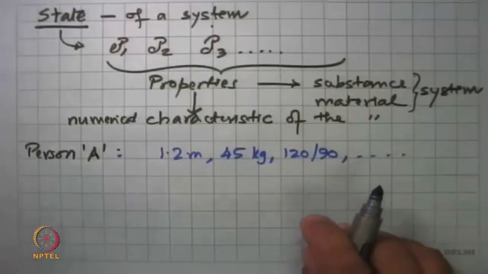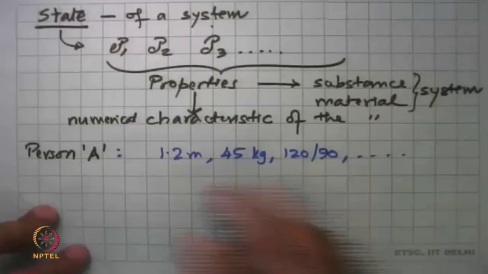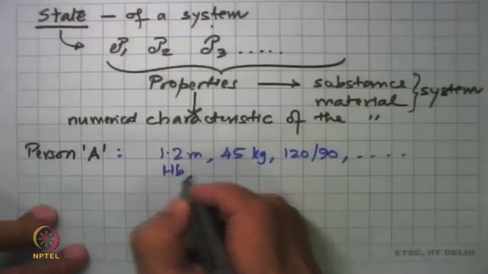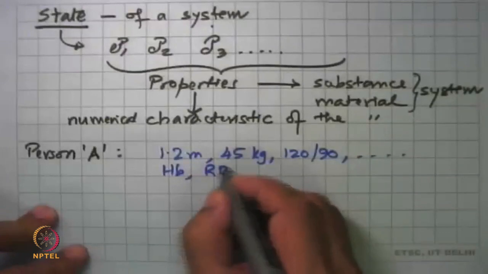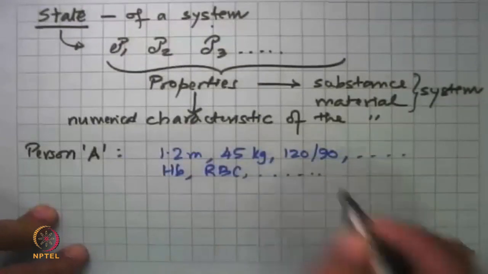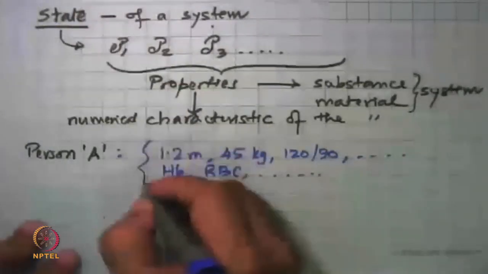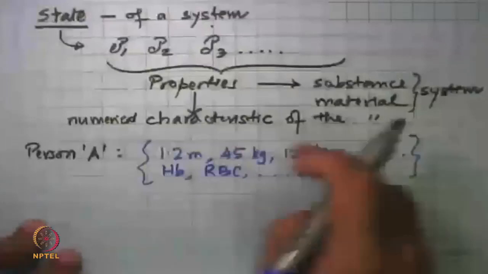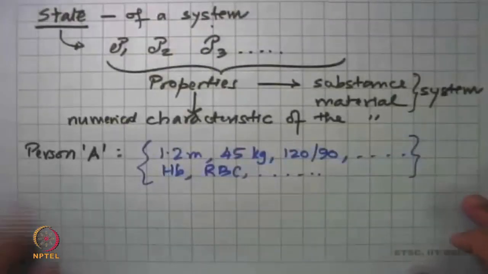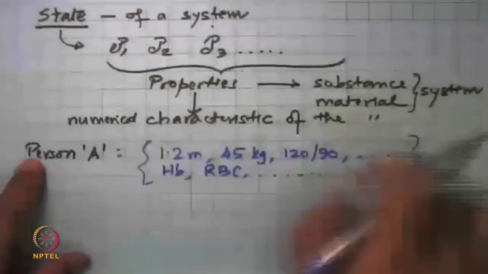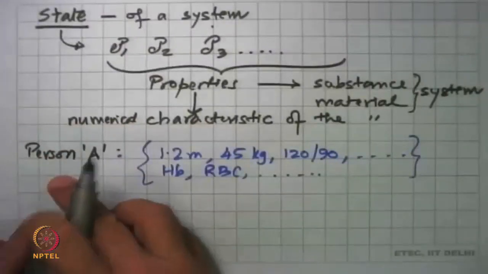And these days, if you go to any of these laboratories, they will tell you that your hemoglobin is this much, your RBC is this much, and various types of cholesterols are this much. And so many numbers will come out. And one can say that each one of them is a property of a person, and all of these together are defining the state of this person.